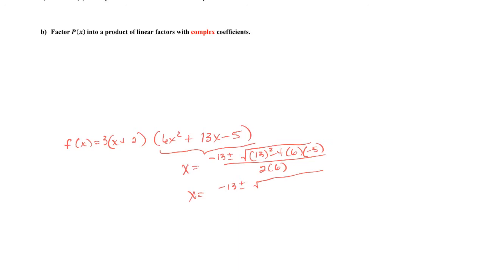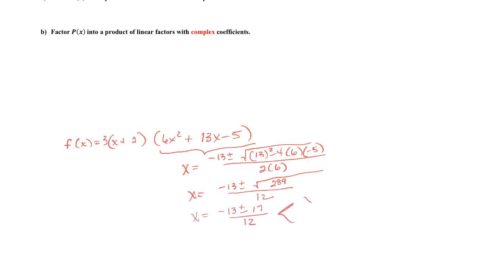All right, 13 squared is 169 minus 24 times negative 5. So that is the square root of 289 all over 12. So x equals negative 13 plus or minus, the square root of 289 is 17, over 12.